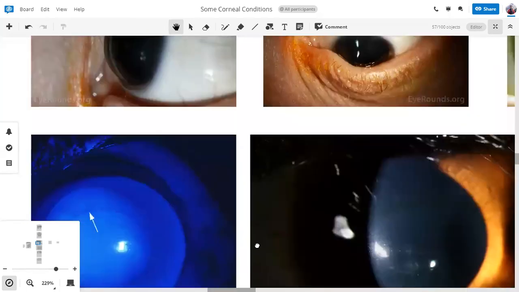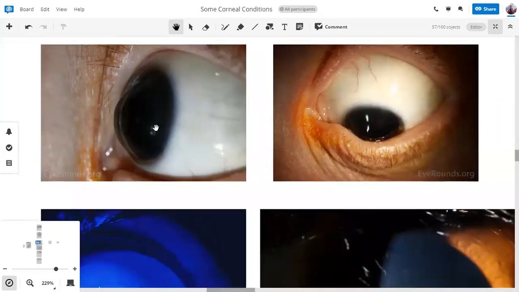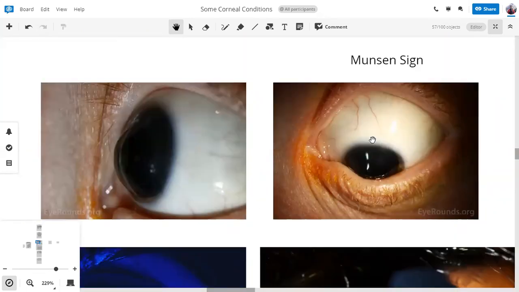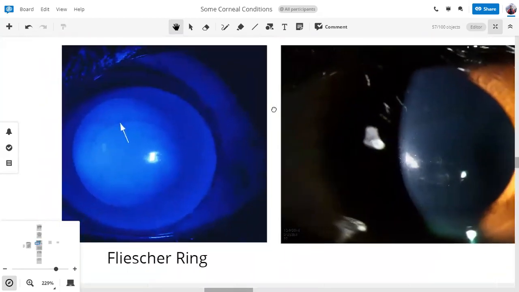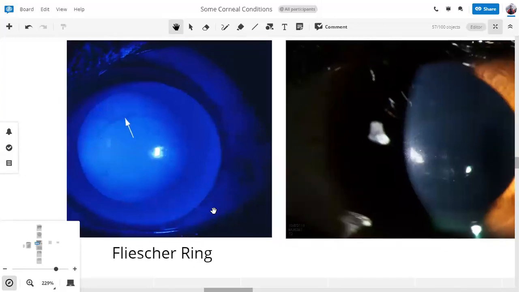In keratoconus, if this is the bulge, its base should be around here somewhere, inside the cornea. So it's a ring around the base. It's a Fleischer ring, a ring at the base of the keratoconus.